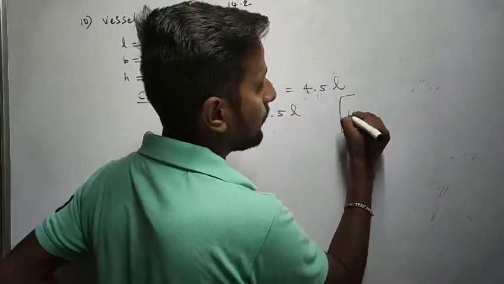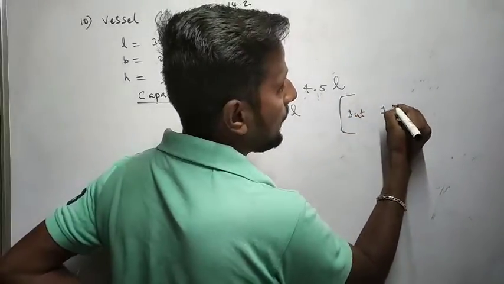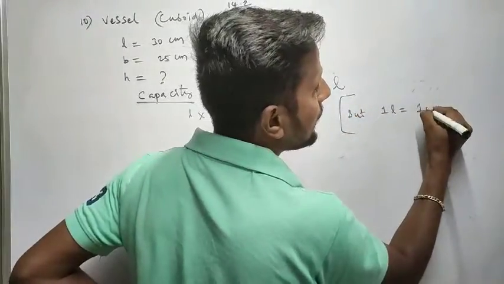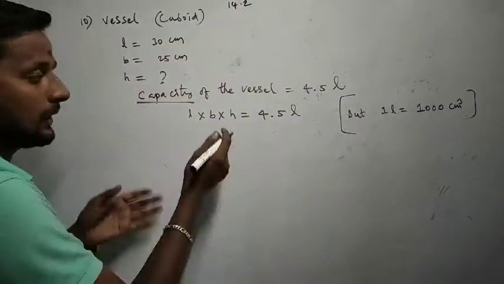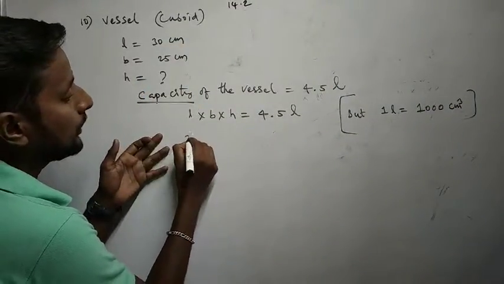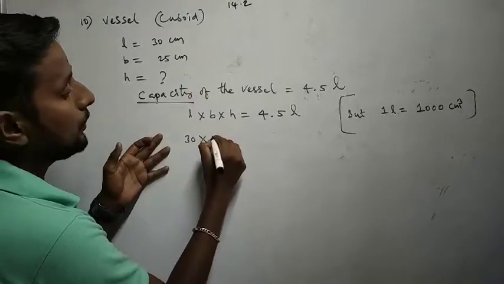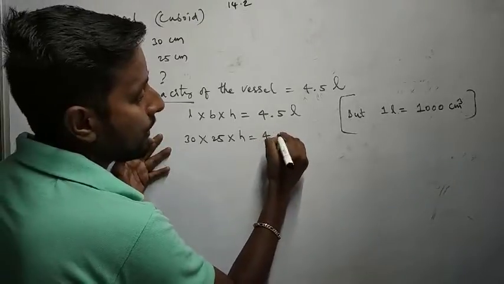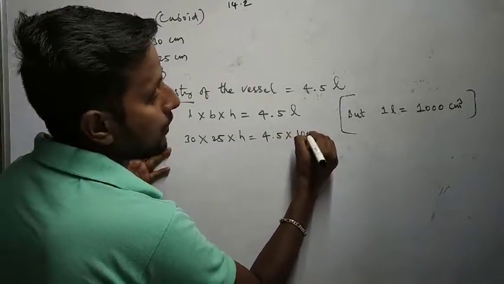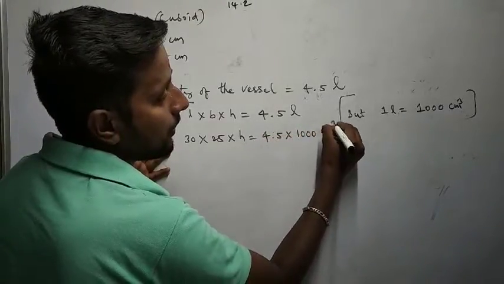But 1 liter has a relation with centimeter cube, that is 1000 centimeter cube. In the next step, we'll write L value 30, B value 25, into H, equals 4.5 into 1000 centimeter cube.